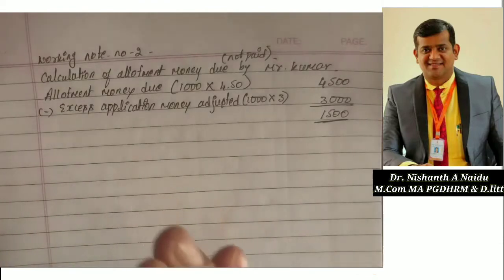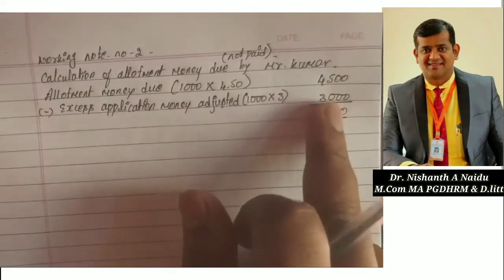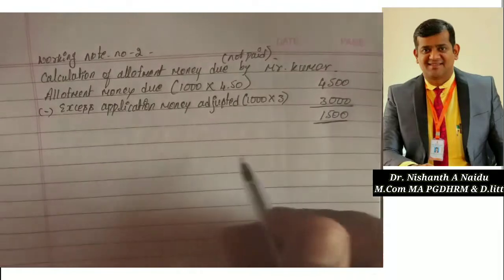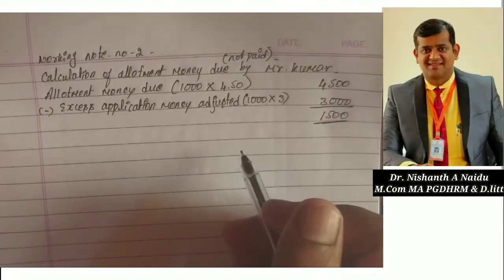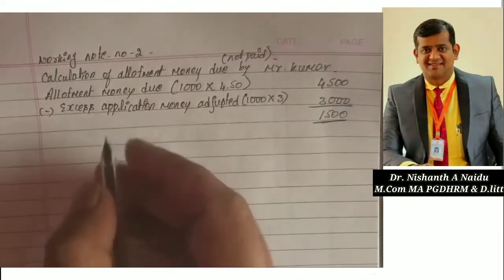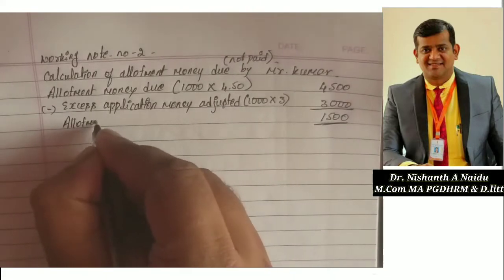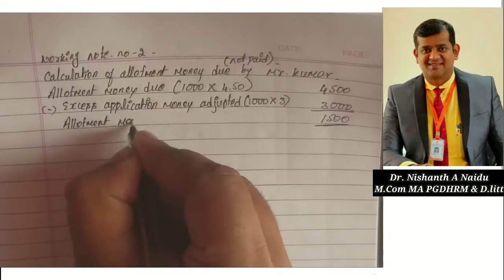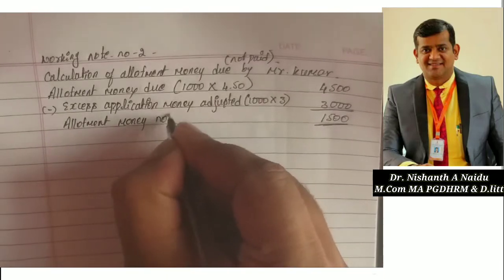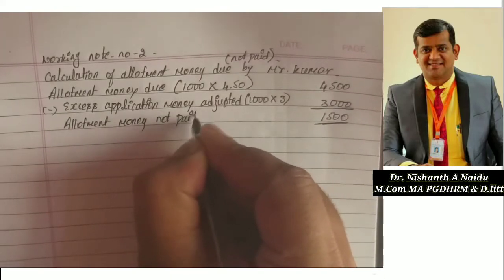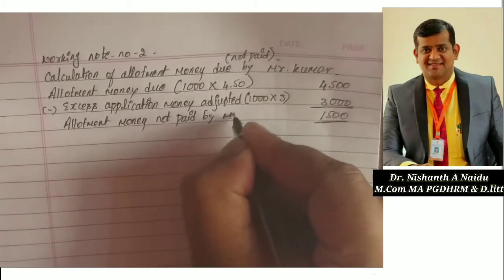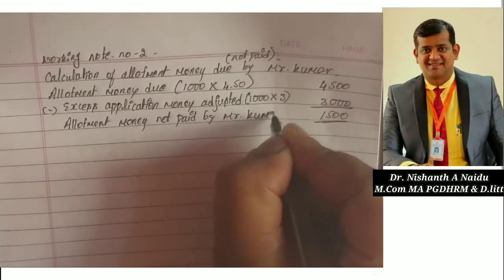So 1000 application money is adjusted towards allotment, that we have deducted. So write down allotment money not paid by Mr. Kumar. So that is how much?